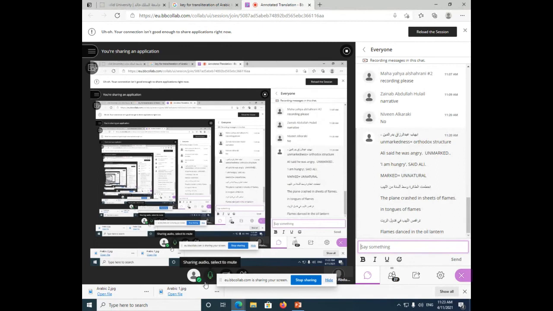So danced is used with the same image described or depicted in Arabic. Okay, so you have to be careful to make sure that the same structure is used and the same meaning has been conveyed to the native speakers of Arabic or to the native speakers of English. Okay.